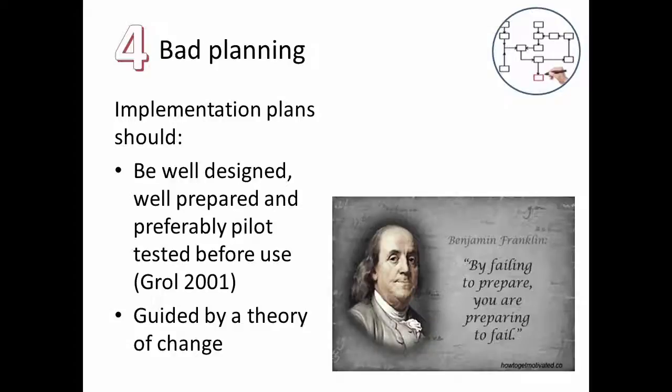So, number 4. This is the 4th reason why implementation fails: bad planning. Implementation plans should be well designed, well prepared, and preferably pilot tested before you roll it right out. And we talked about behavior change earlier, and that is the whole point of what you're trying to do, is get people to change their behavior. So really your implementation plan should be underpinned by some sort of theory of change.